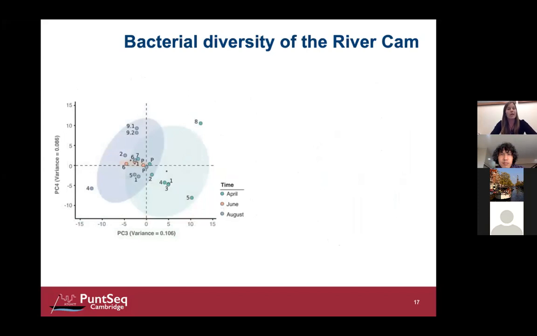So we can also look at the distribution of the data differently by plotting a principal component analysis, which I was doing here. So we again took the relative reads of the bacteria across the different locations and time points and plotted them as a PCA.